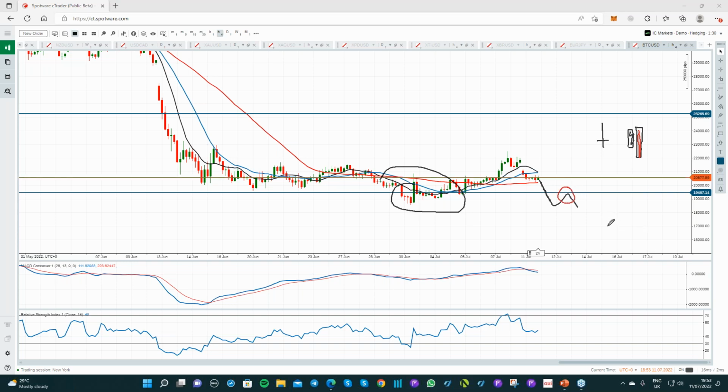And then that's the time that I would be looking to enter a sell stop beneath the low of one of these patterns, with my stop loss above the high and above the horizontal level, preferably. And then I would take that trade down.